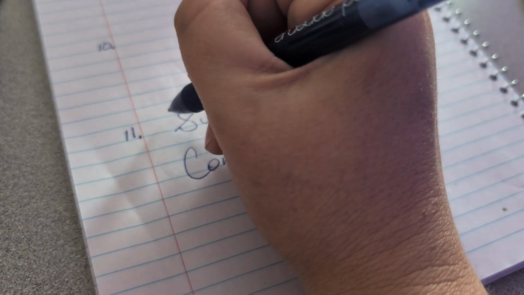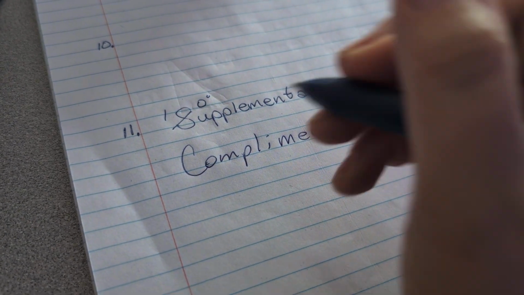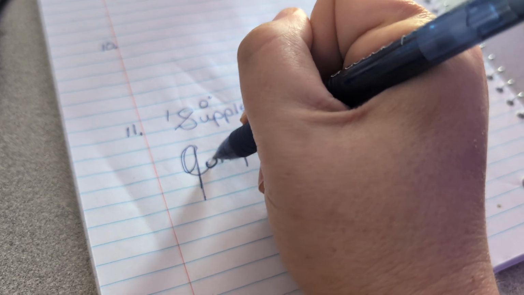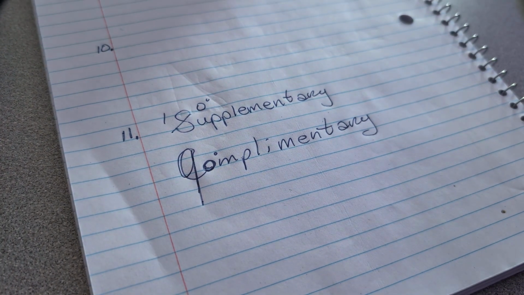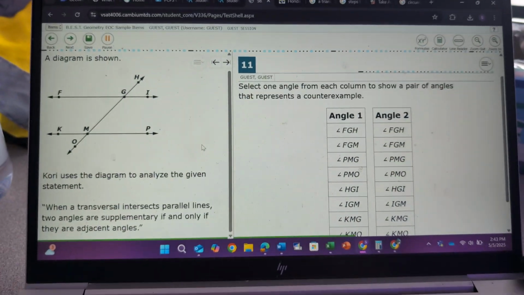The S, you just do, and it makes an 8, as in 180 degrees. On the complementary, you have a 90, the 90 degrees for complementary. Isn't that cute? I think it's cute. I'm going to make a video just with that.